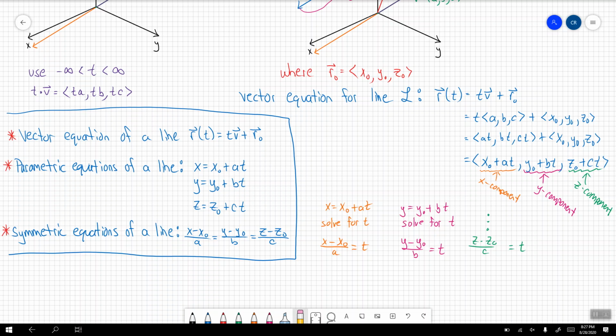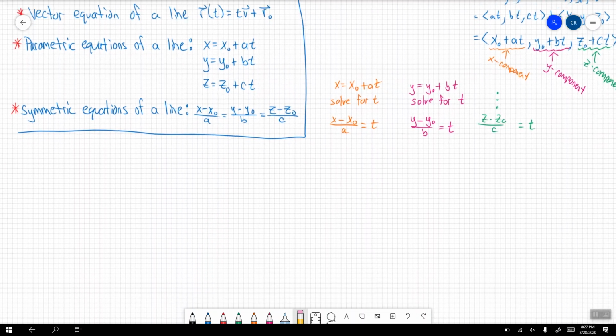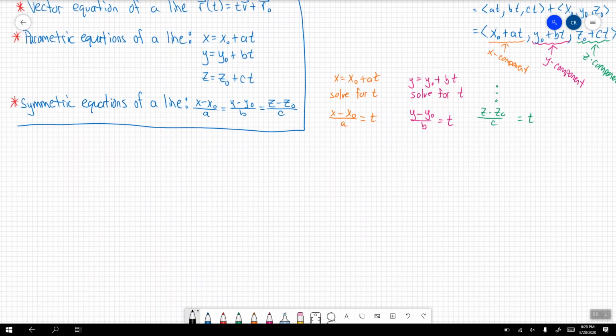I will say give your answer as symmetric equations of a line, or give your answer as parametric equations of a line, or give the answer in a vector equation of a line. So you must be, again, well versed in those three equations. That is great. That is awesome. I really like that part for this section.